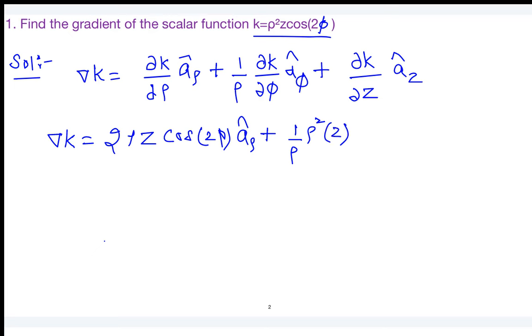So simplify that. In the second term, one rho gets cancelled. So finally, what is the answer you will get?